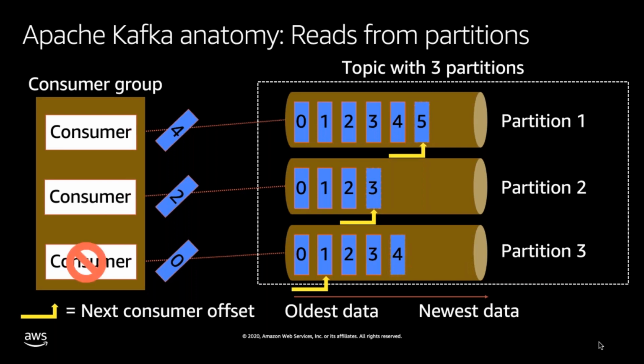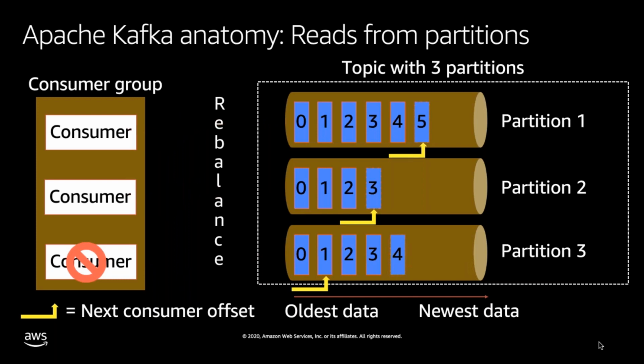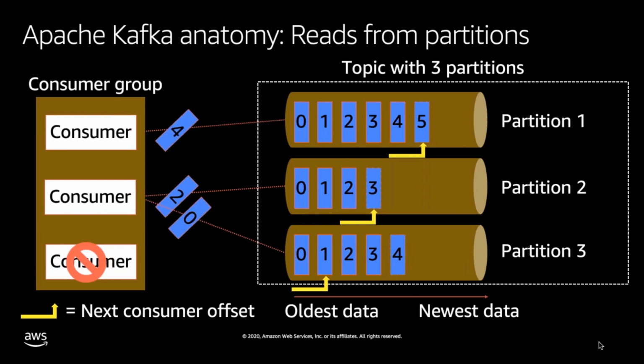The neat thing about Kafka is that it's built with high availability in mind as part of the protocol itself. So here's an example where the 3rd consumer fails. What happens is that Kafka starts what's known as a rebalancing protocol, and it spreads the load with no downtime onto the other 2 available consumers inside the system.